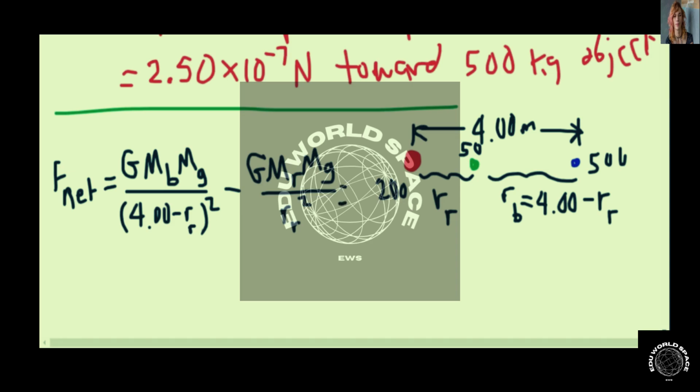Okay, and that needs to equal 0. If that equals 0, well, then the G's cancel out. The M green's also cancel out.